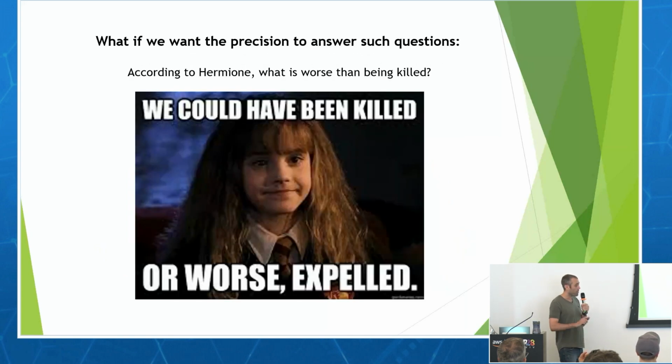All right. On the other hand, if we want to be very precise, if we want to ask, according to Hermione, what is worse than being killed? There is this very popular quote from the book that Hermione says, we could have been killed or worse, expelled. To get this kind of resolution, we also have to think how we're going to construct our information, since if we're embedding large chunks, the embeddings are going to be different than the embeddings of such specific quotes.